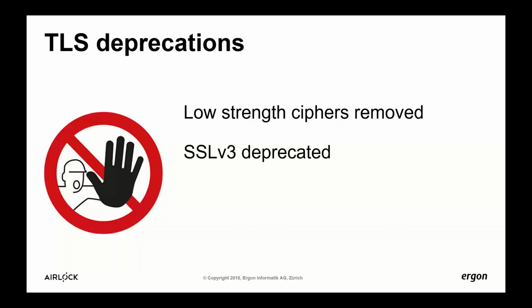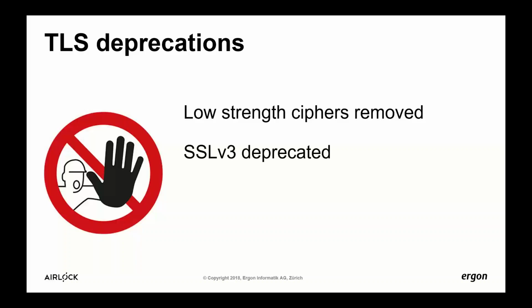We introduced a few versions ago the possibility that you can see what SSL versions were used and what ciphers were used when the connection to the gateways was made from the client. So you can analyze your logs, have a look at them, and see: do I really still need SSL version 3, or did I just have it in there to relax myself and be sure that anyone can connect to my Airlock gateway?